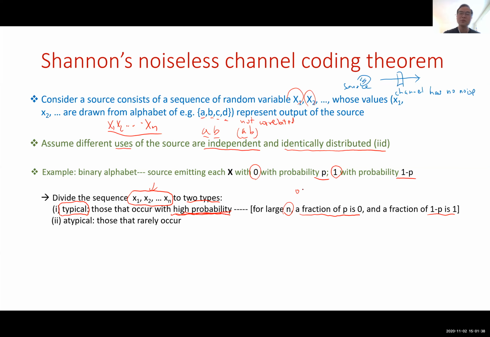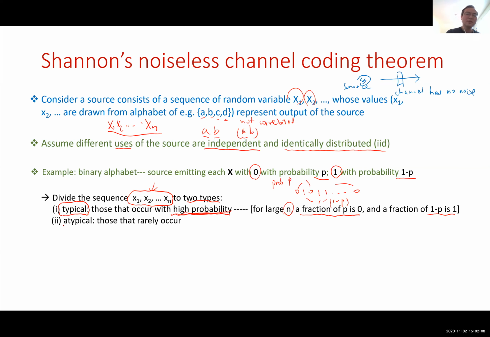So for example, it could be 0, 1, 0, 1, 1, etc. But if you count the number of 0, it would appear with probability p, and the number of 1 would be 1 minus p. So basically, typical sequences are in the set of permuting such binary bits.